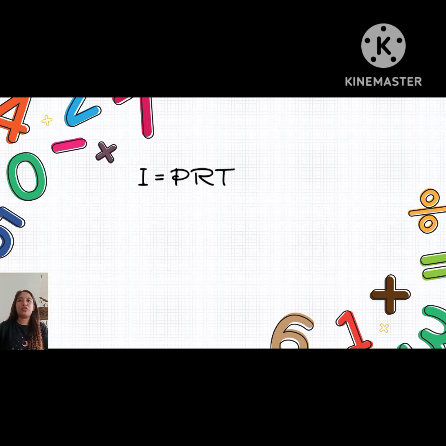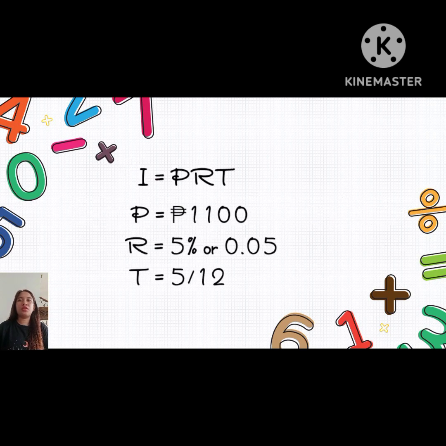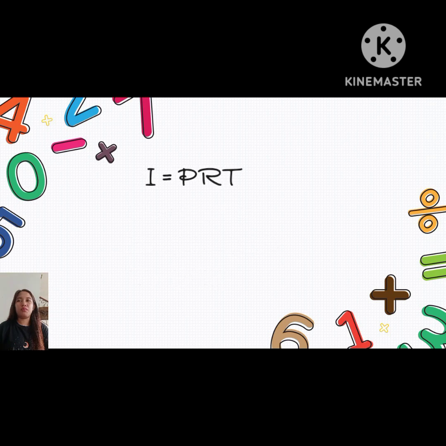The formula: our principal value is 1,100 pesos and the rate is 5% per year, so the rate is annual, and the time is in months. Convert the time period from months to years. That's why our T is equal to 5 over 12.